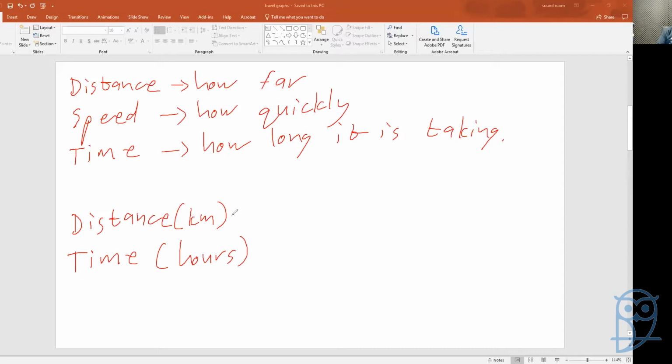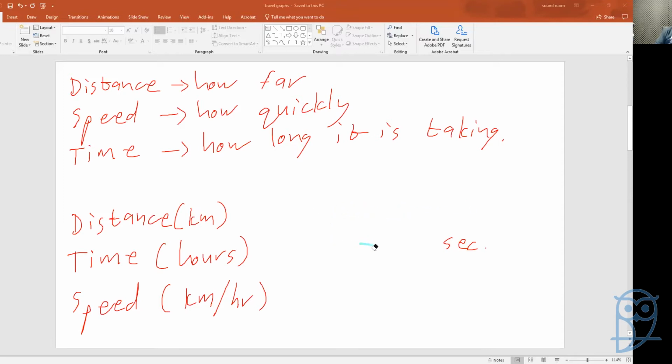Generally, we're looking at kilometers linking to hours or minutes linking to seconds. This is more scientific. This is more everyday based. And then speed is going to be generally kilometers per hour, but it could be therefore meters per second as well.